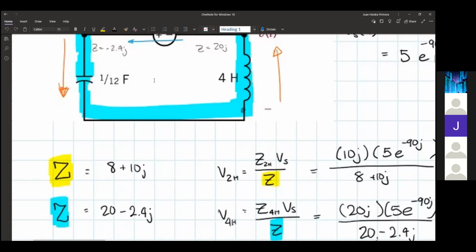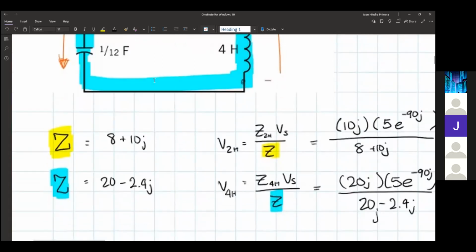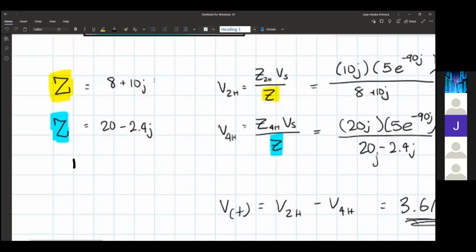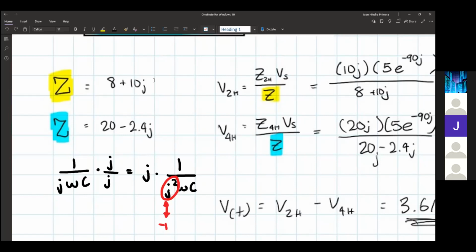A handy little trick I'm sure you guys have likely seen is that if you want to convert a capacitor's impedance into not being a fraction, or at least not having the j on the bottom, you can do j omega C times j over j, which is effectively 1, which gives you j times 1 over j squared omega C. Now, the funny thing about j squared is that it's just negative 1.